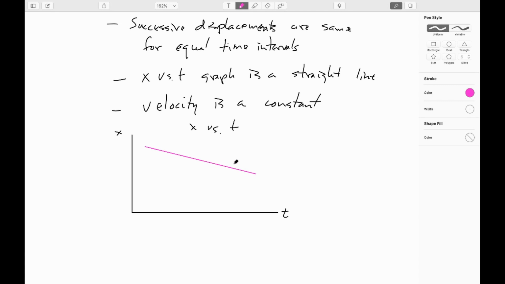If it's the same absolutely everywhere, then we can say the velocity was never changing. So we get that the velocity is equal to the slope of the position time graph, and that the velocity is the same at all times. So that is our definition of uniform motion for now.